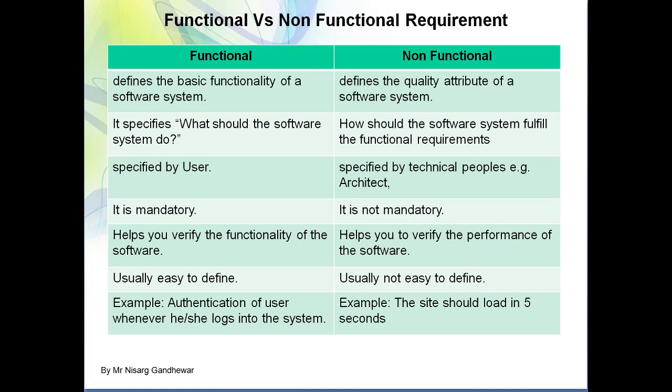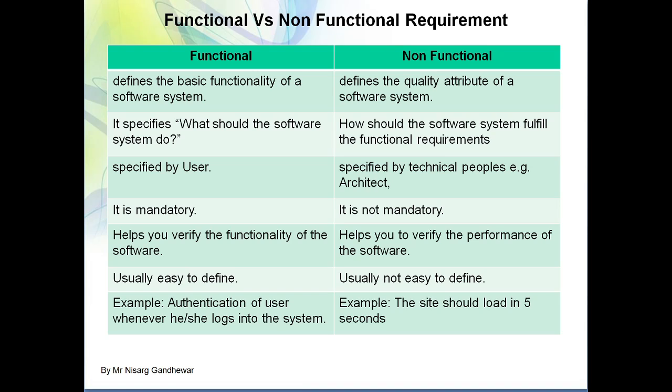In the last section we are going to discuss the differences between functional and non-functional requirements. The first difference: a functional requirement defines the basic functionality, and a non-functional requirement works on the quality attributes of a software system. A functional requirement specifies what the software should do, but a non-functional requirement tells how the software should fulfill the functional requirement.